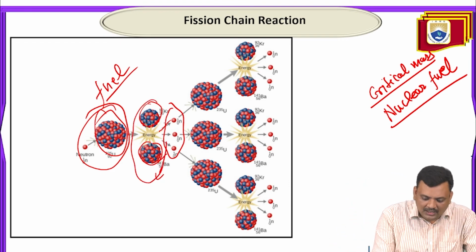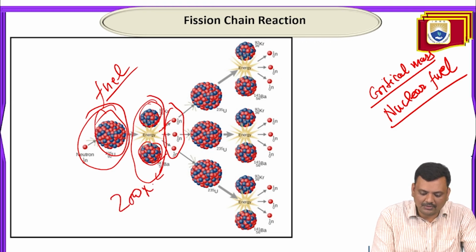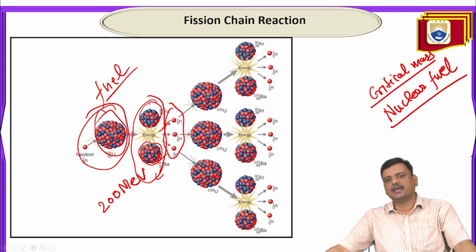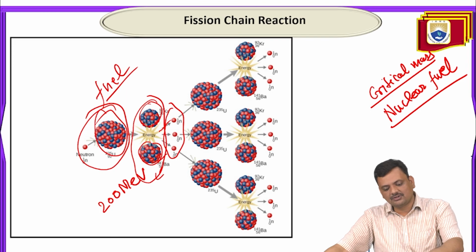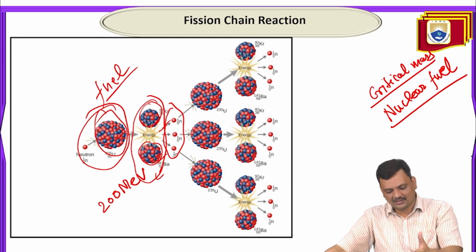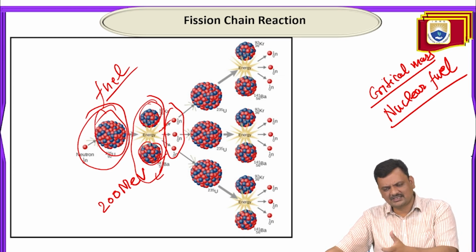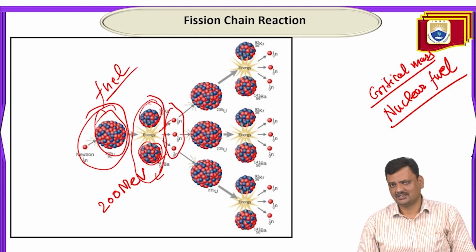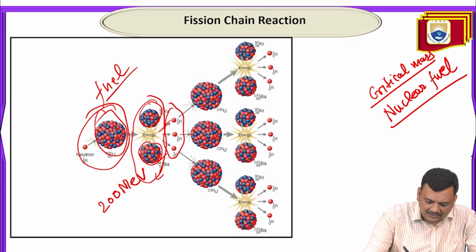So during one strike, around 200 MeV energy is produced. Now that neutron again strikes a different atom, and they again strike. So you can imagine how much energy will be released during the fission process, each 200 MeV.